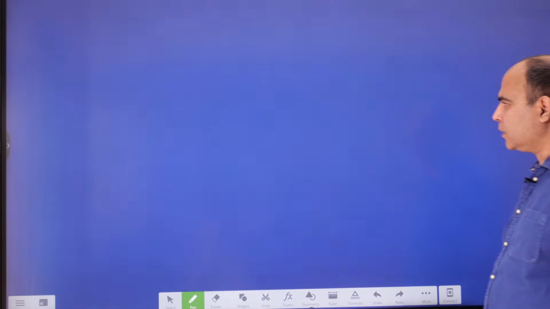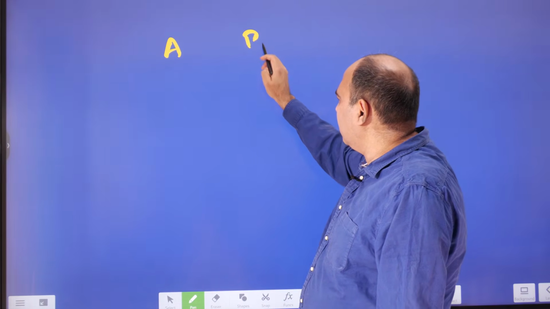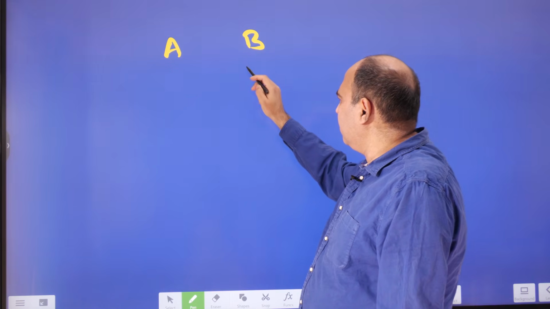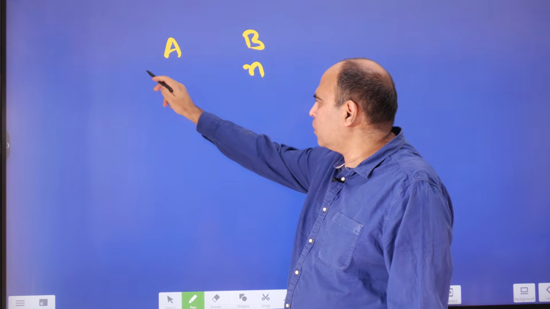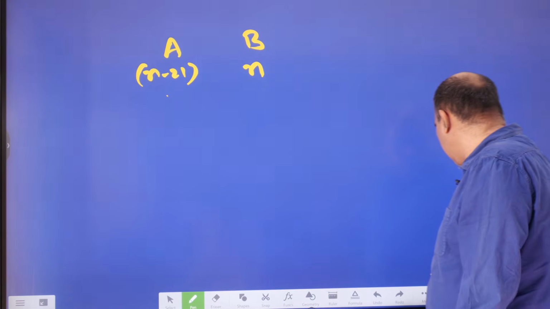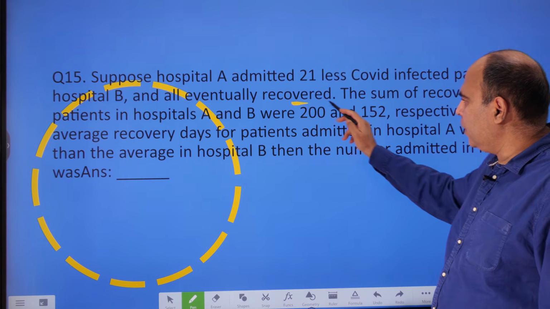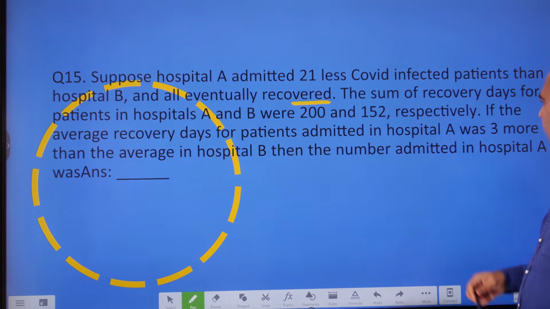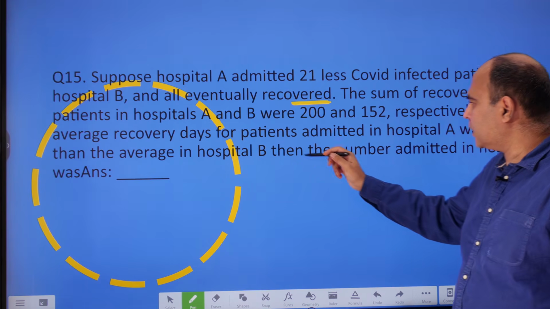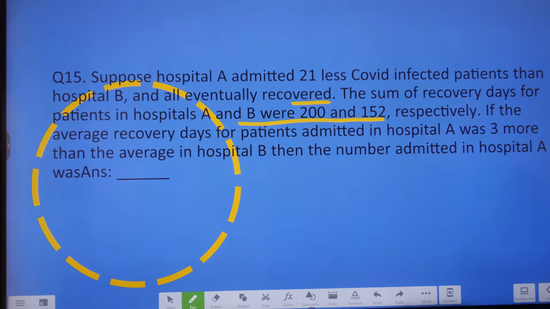So let's think about this. Let me have hospital A and hospital B. Let's say hospital B has n COVID patients, so hospital A has n minus 21 COVID patients. First step, first reaction, and all eventually recovered. The sum of recovery days for patients in hospitals A and B were 200 and 152.